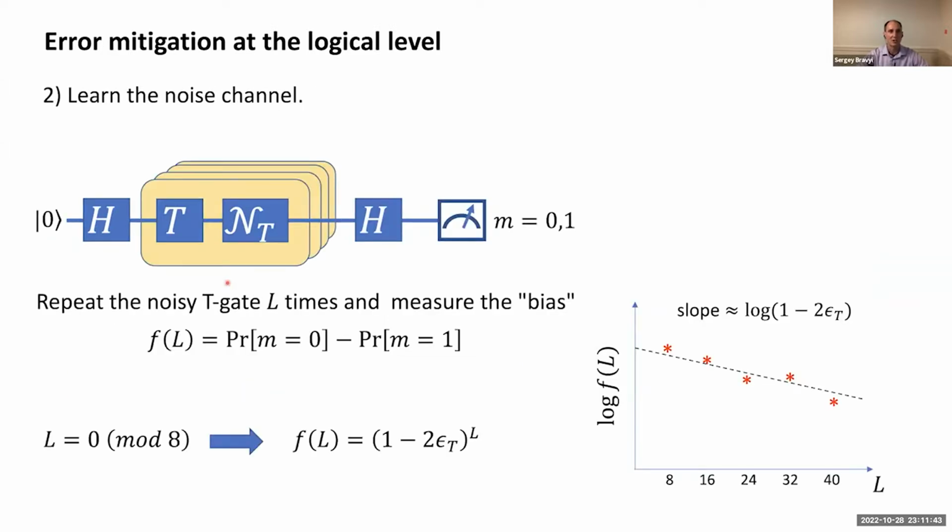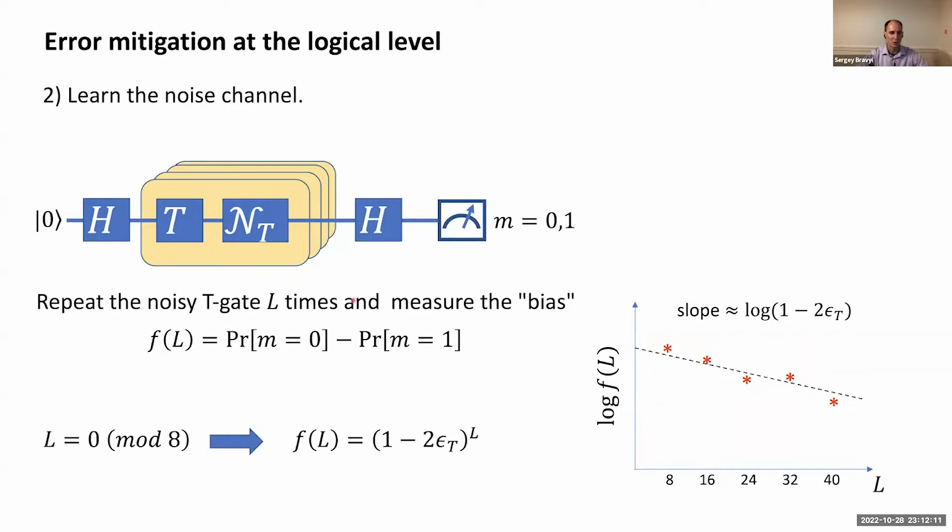Then the second step is to learn the noise channel. And what we propose is essentially a randomized benchmarking. We initialize a qubit in the X basis, then we apply noisy T-gate several times to amplify the effect of noise. And finally, we measure the qubit in the X basis.